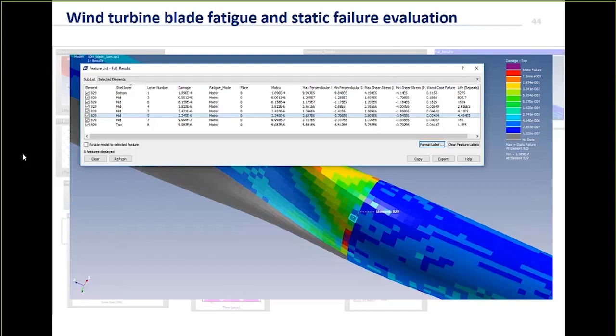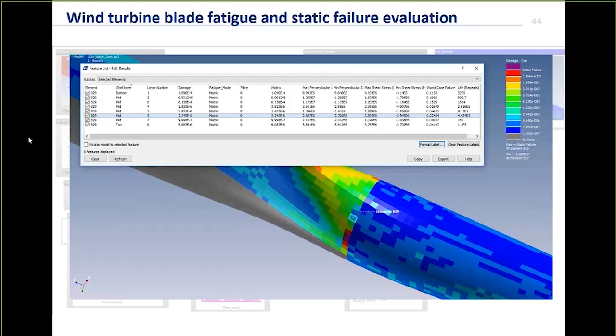This is very important for interpretation of the results. So, for example, in this case, you can see that all we're getting is matrix failures. So, unless these matrix failures lead ultimately to delamination and failure in the overall structure, we shouldn't worry too much about them.